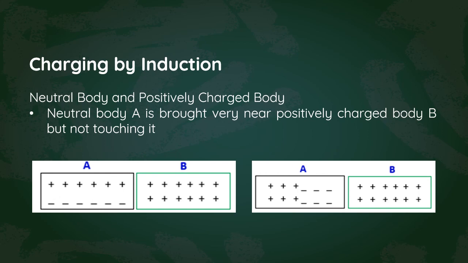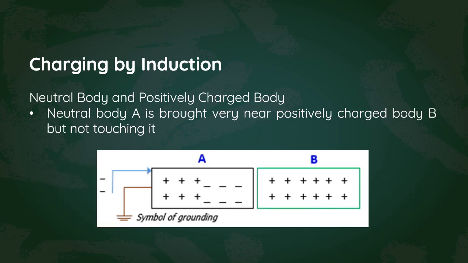Now, still charging by induction, however, we have a positively charged body that is brought near our neutral body. Since body B is positively charged, the electrons will get attracted to body B. And then what happens is that we connect body A to the ground, and since the side that has the ground is the positive side, electrons will get attracted from the ground.